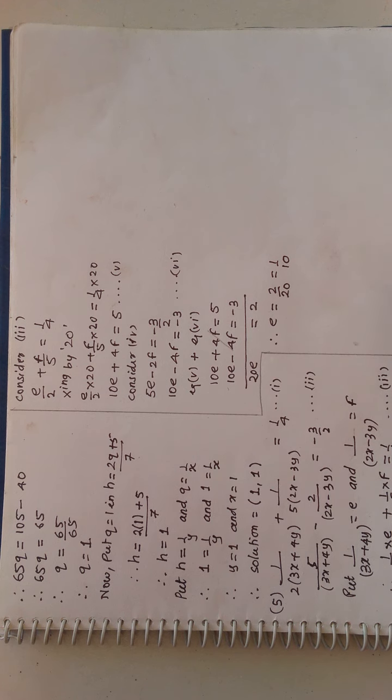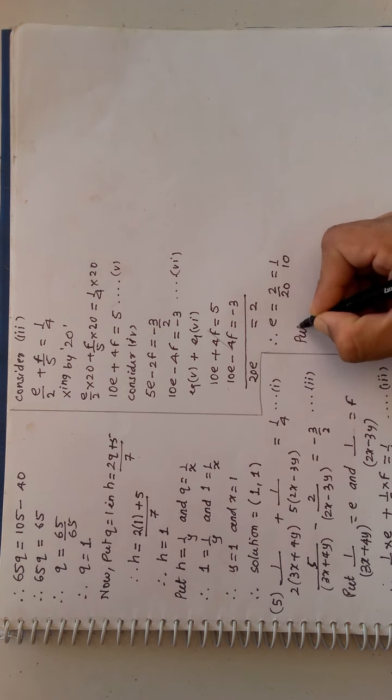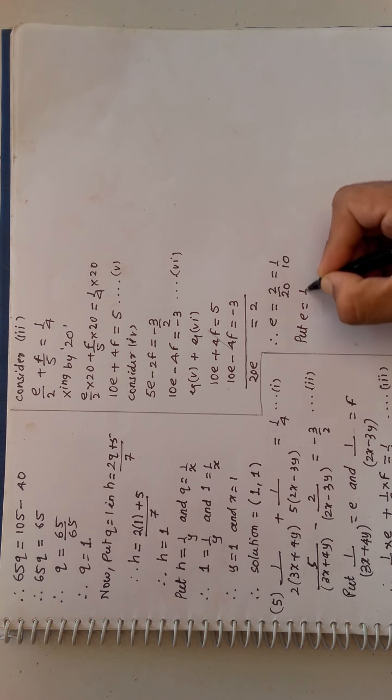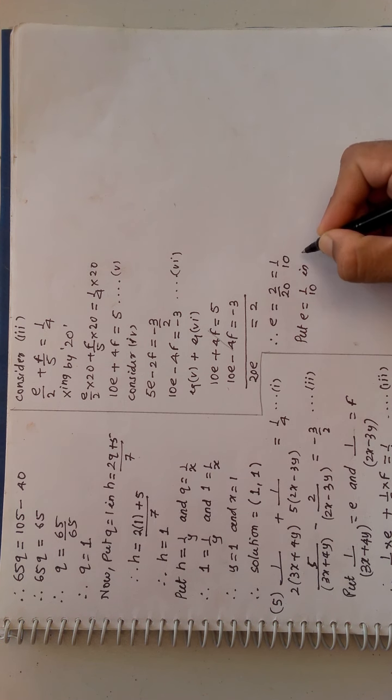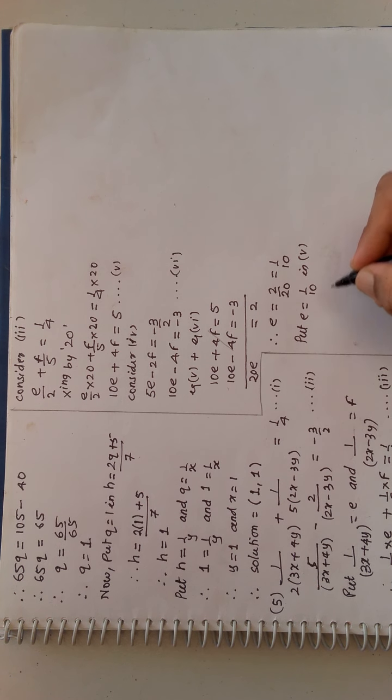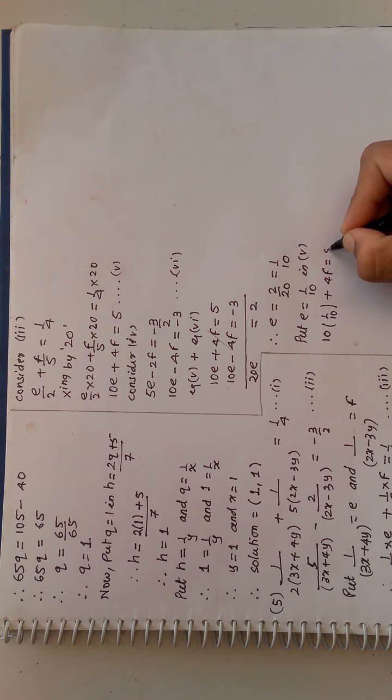Put this in one of the easier equations. So I suppose the fifth one is better. So you will put here e is equal to 1 by 10 in fifth one. So your fifth one is 10e, e is your 1 by 10 already, plus 4f is equal to 5.